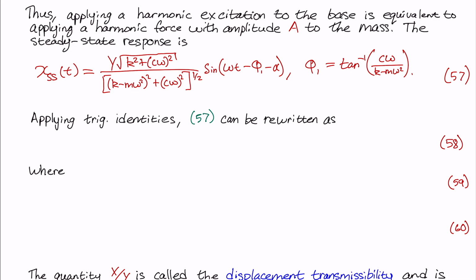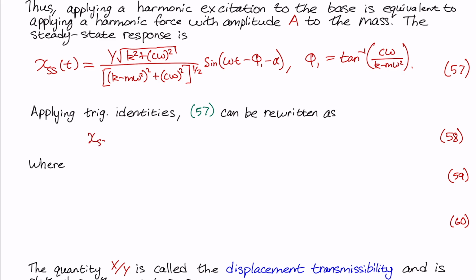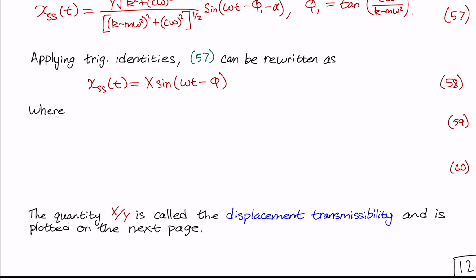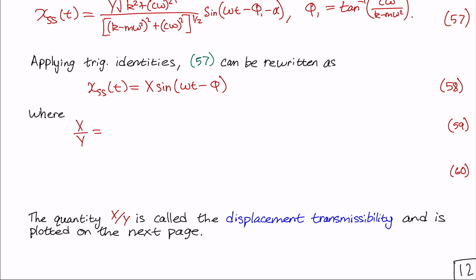All right, so then applying trig identities, we can rewrite this as x ss of t is equal to big X times the sine of omega t minus phi, where big X over big Y is equal to the quantity k squared plus the quantity c omega squared, divided by the quantity k minus m omega squared, quantity squared, plus the quantity c omega squared.